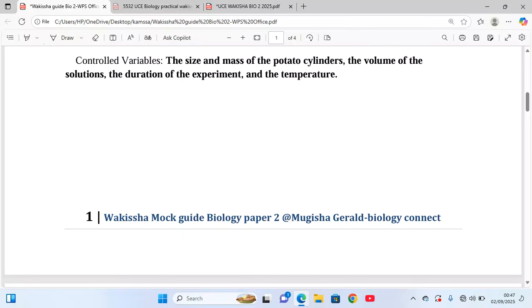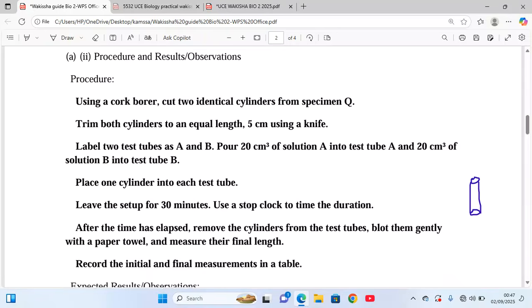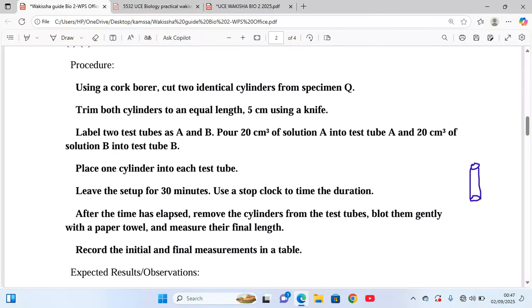And then the volume of the solutions should also be equal, the duration of the experiment, and the temperature, all those should be kept constant.